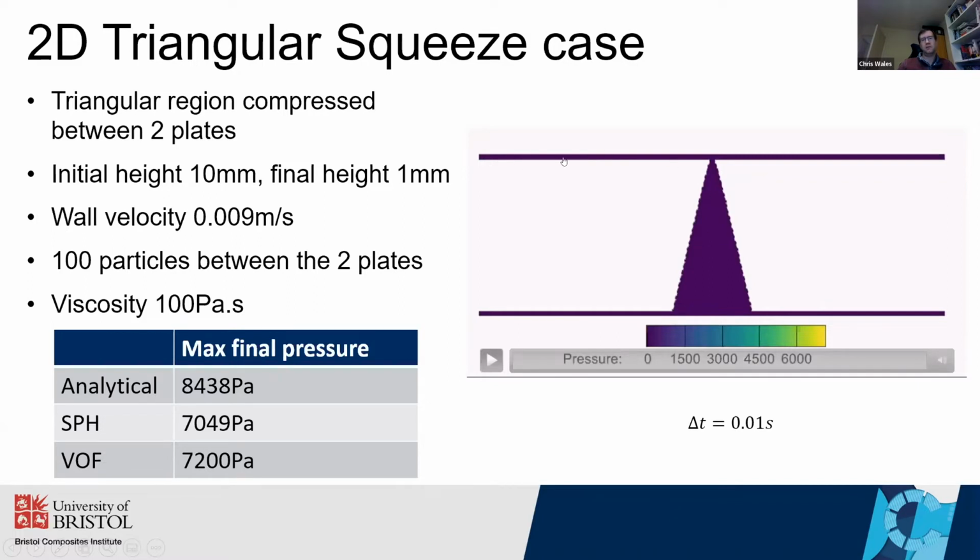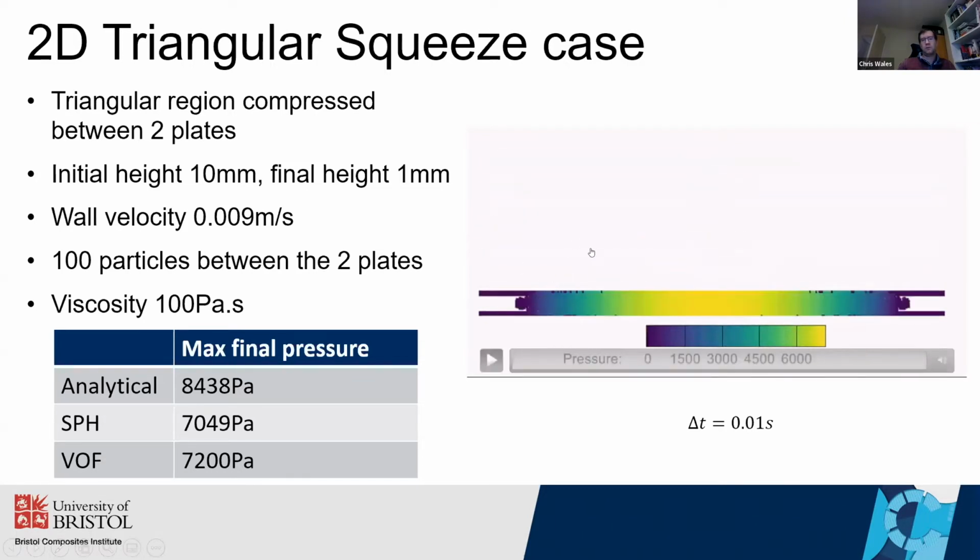And then this top wall here moves down to simulate the effect of the top bag. So we have a 10 millimeter initial height. Final height is 1 millimeter. Once again, 100 Pascal seconds. And there is an analytical approximation for the final achieved pressure for this case based on Pascal flow assumptions.